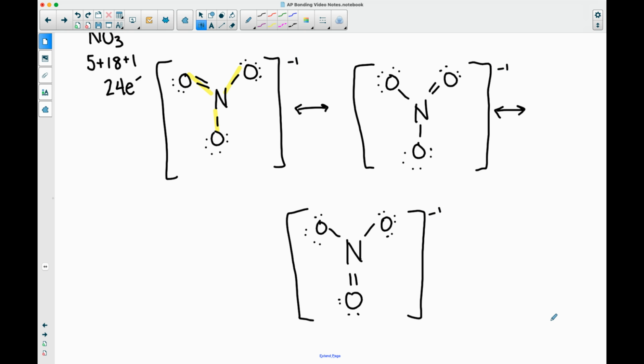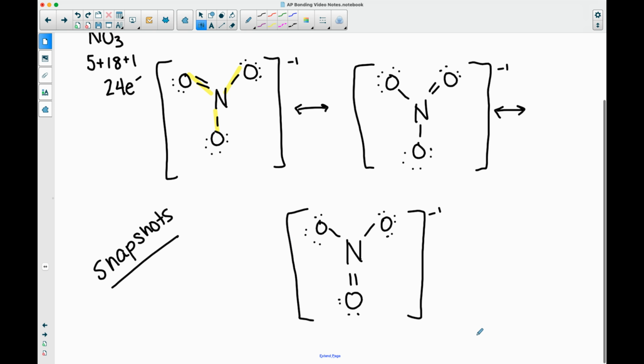We actually wind up with an average bond length of 2 singles and a double, or approximately so, and all 3 bond lengths are identical, which tells us that these resonance pictures are snapshots in time, because we have to have a way to represent it. So this is our way of showing that the extra pair of electrons is moving throughout the molecule.